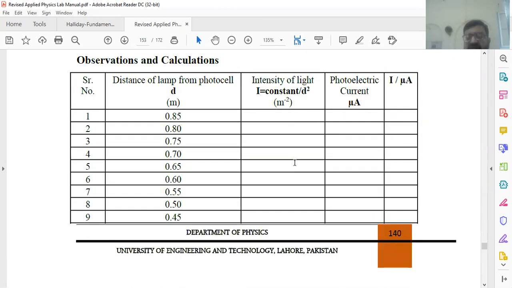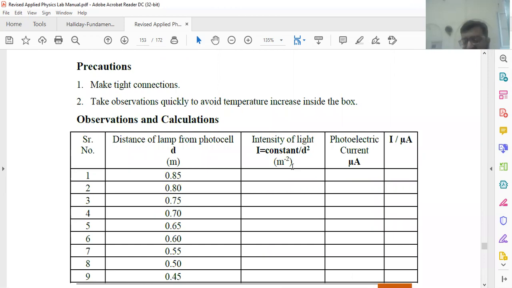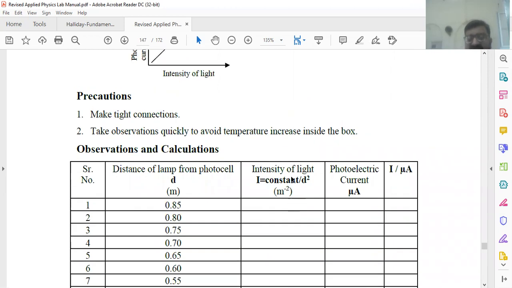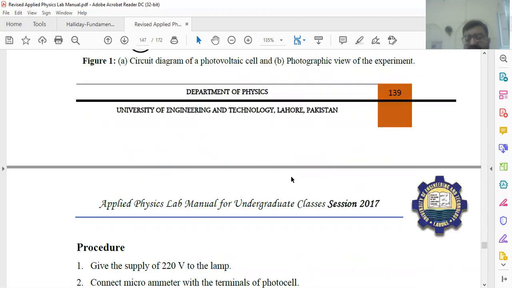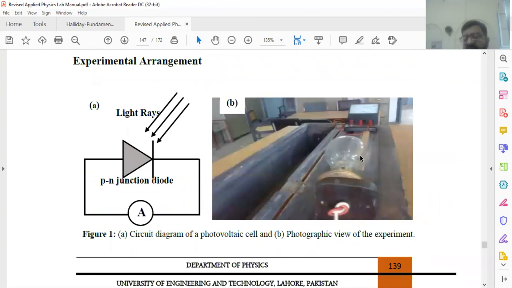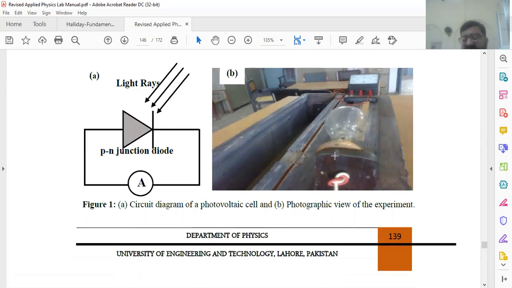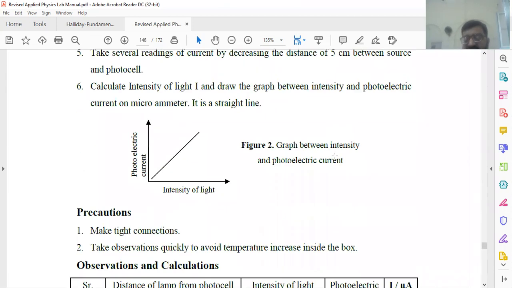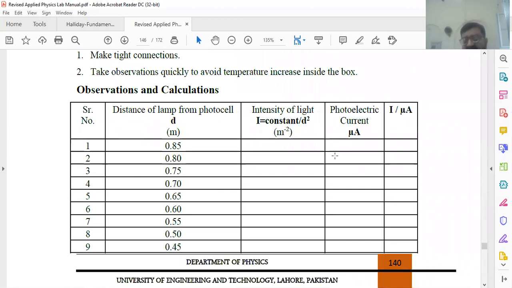how will we find the intensity in this case? As shown in this diagram, there is only one bulb, then the photodiode inside this box, and an ammeter connected here. When we change the distance, there are many ways to change the intensity of light. One of them is the distance between the detector and the light source.